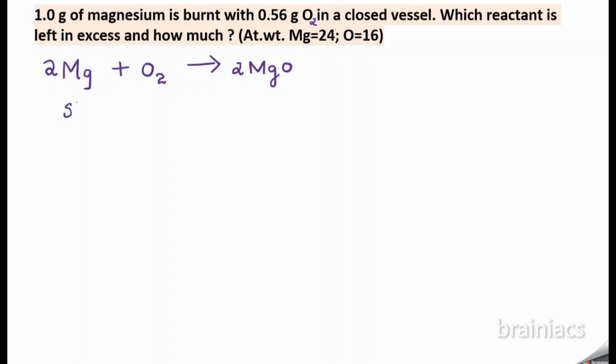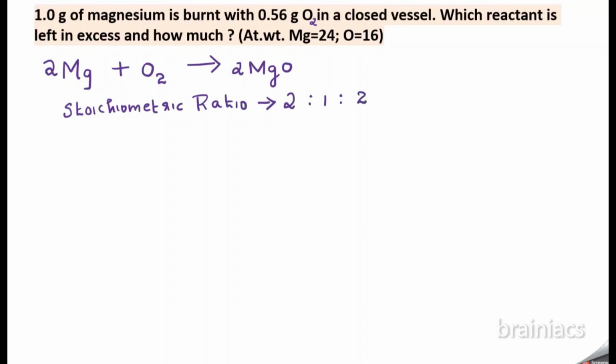So can you tell me now the stoichiometric ratio of this reaction? We know that stoichiometric ratio is usually written for a balanced chemical equation. So the coefficient of each reactant is considered as the stoichiometric ratio. So here the stoichiometric ratio will be 2:1:2, correct?